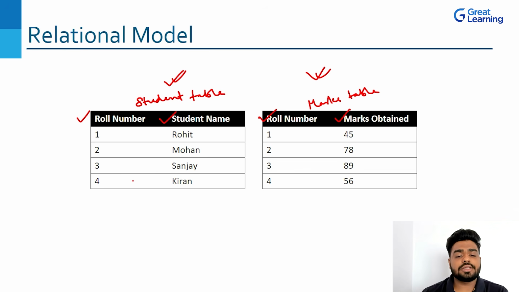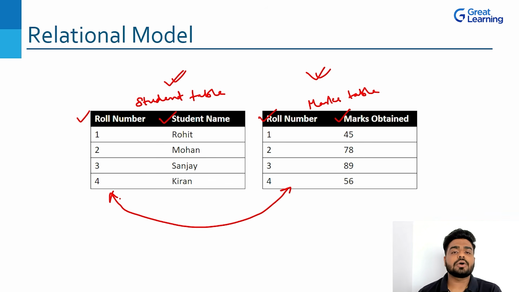Why? Because we have one particular column which is common in both the tables. So roll number is the column which is common in both the tables. And because of this roll number, we are able to fetch roll number, student name, and marks obtained. Imagine that this roll number column is not there in this table.